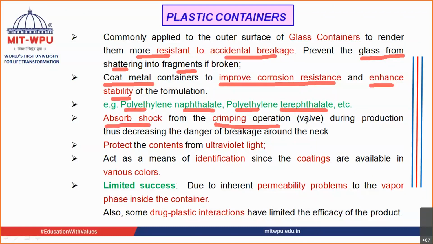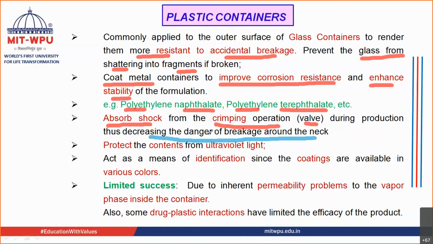The valve is usually fixed onto the container, so a little bit of shock is exerted while this process is being carried out. The plastic helps to absorb that shock, and hence it decreases the danger of breakage around the neck.